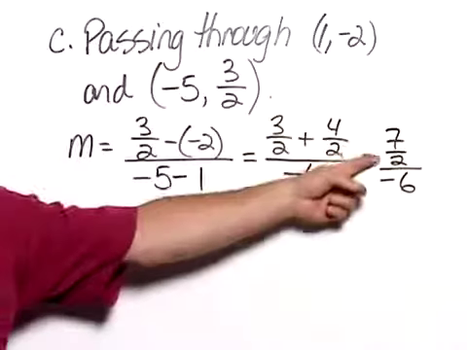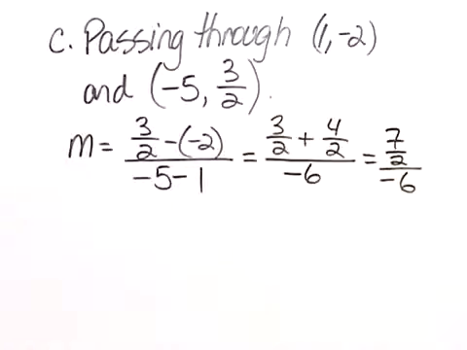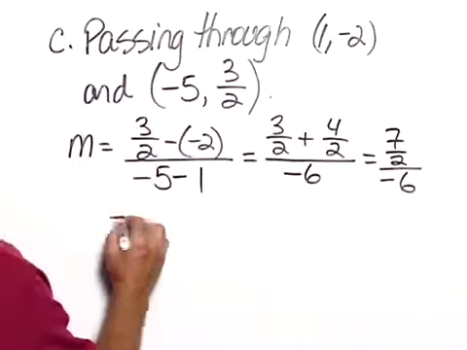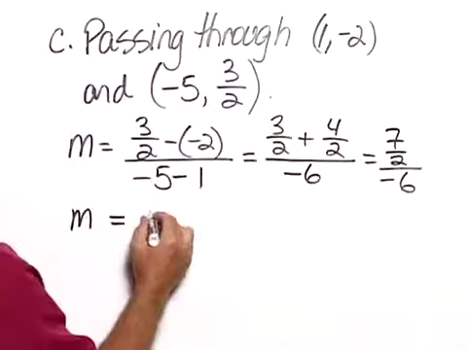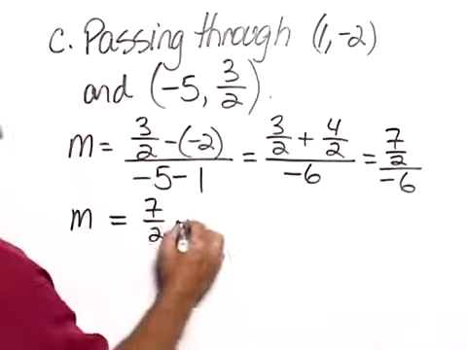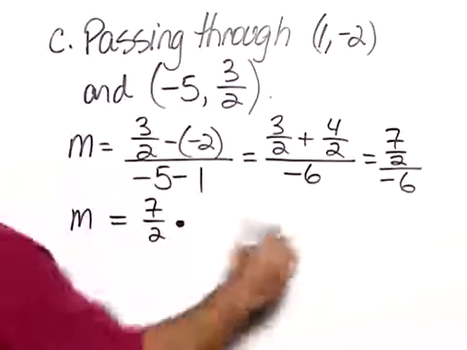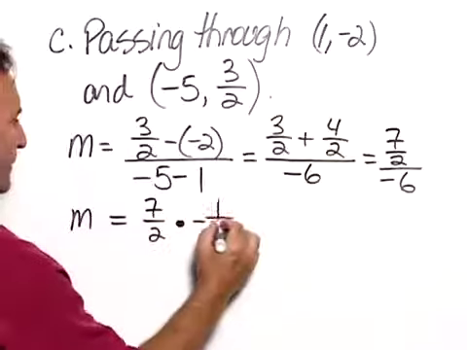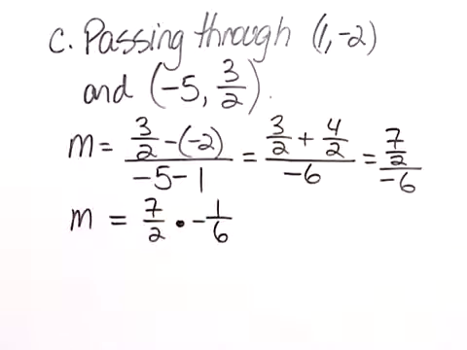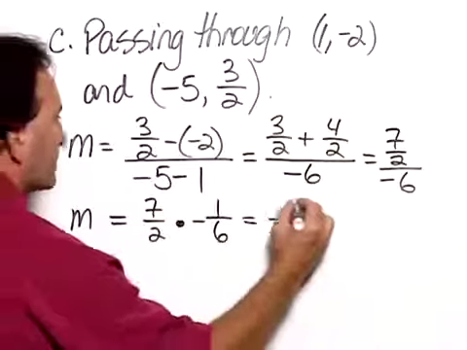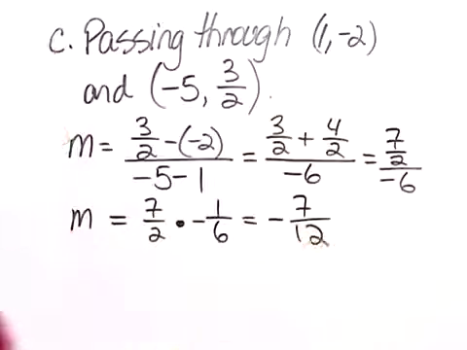When we want to divide 7/2 by negative 6, we change it to a multiplication problem. So our slope will be 7/2 times the reciprocal of negative 6, which is negative 1/6. That gives us a slope of negative 7/12.